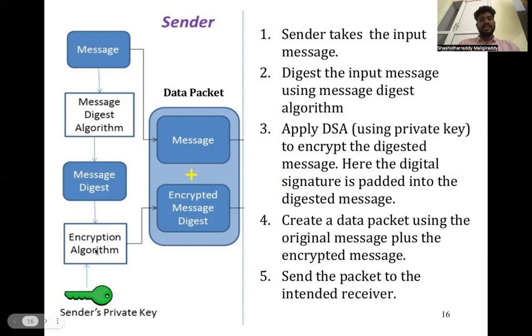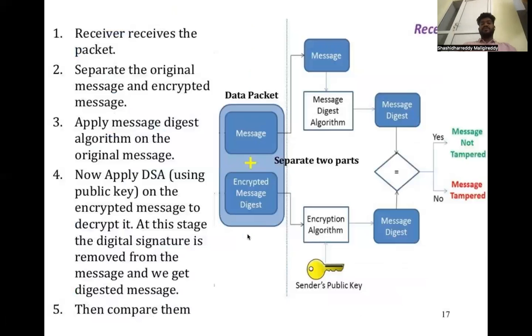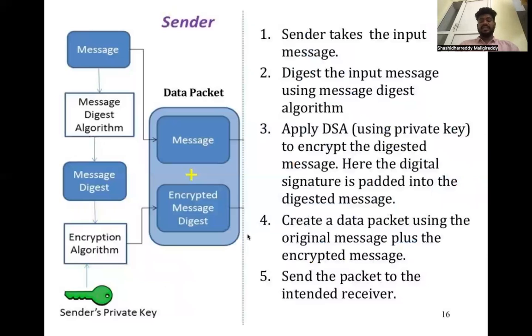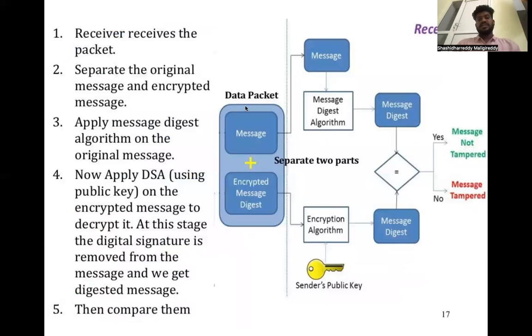Now we have to create a data packet using the original message plus the encrypted message, and send the packet to the intended receiver. Now the receiver receives the data packet and separates the original message and the encrypted message.